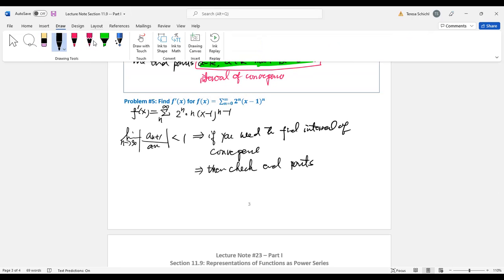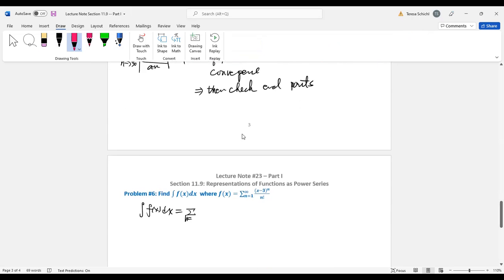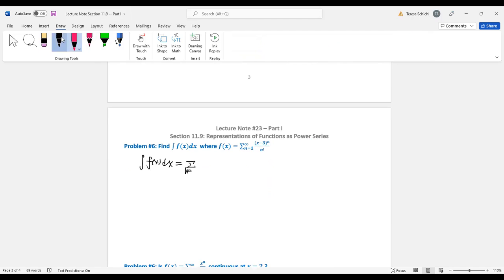So it's equal to the summation, starting at n equals 1. Now the integration is of x minus 3 to the n, over n factorial, dx. And then you can use the power rule.